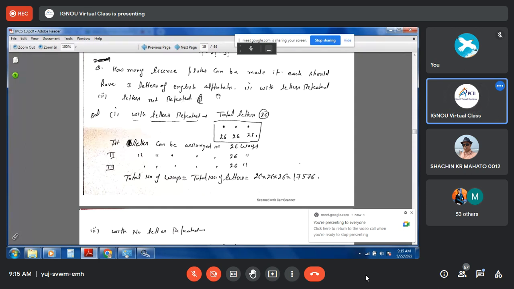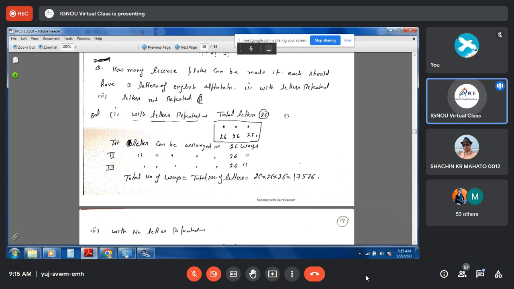First condition, when the letters are repeated. We can see the number plates on your bikes, on our cars. Say it is PQR, ABC. These are all three different English alphabets in which repetition is not allowed.